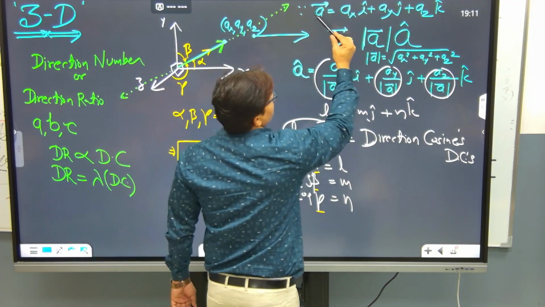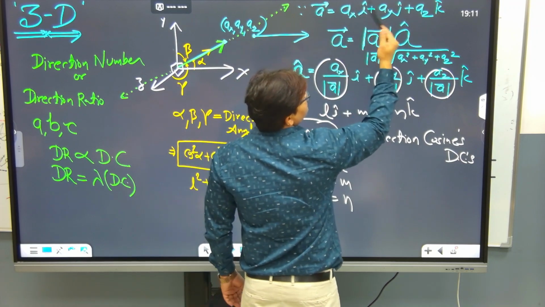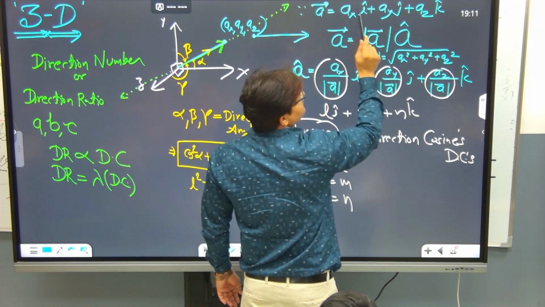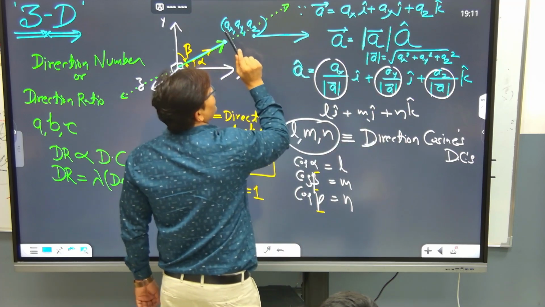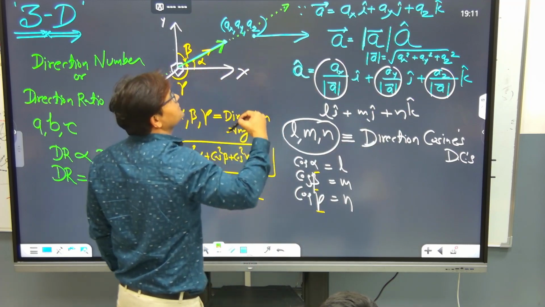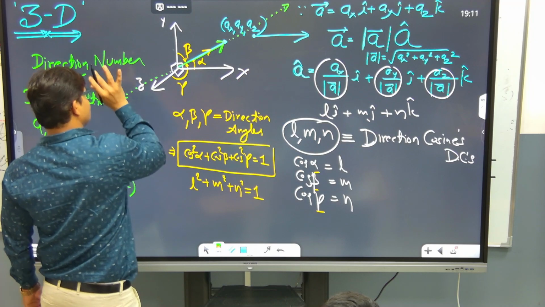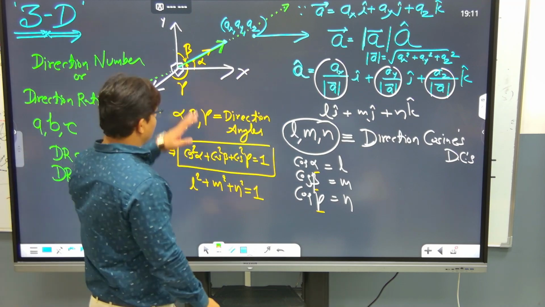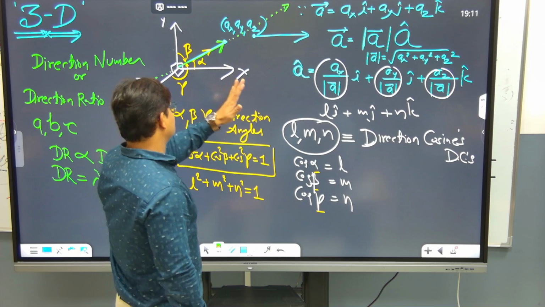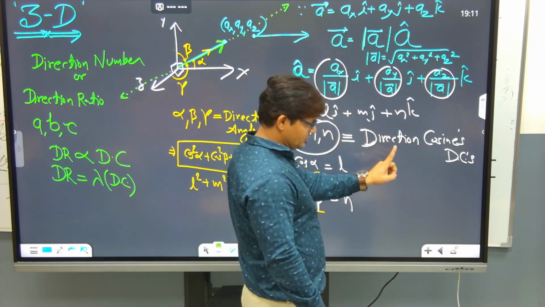In this case, the coordinate of this vector A is Ax, Ay, Az, this point. Ax, Ay, Az is also one direction ratio. Direction ratio, direction number are infinite for a reference of one vector, but direction cosine is unique.